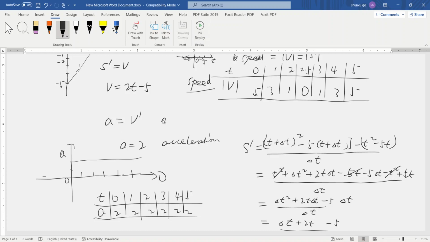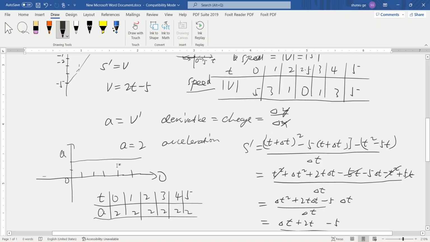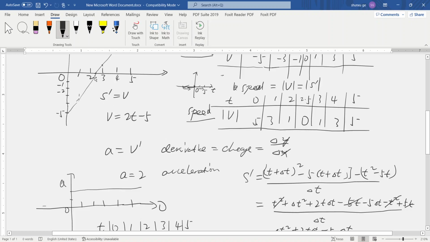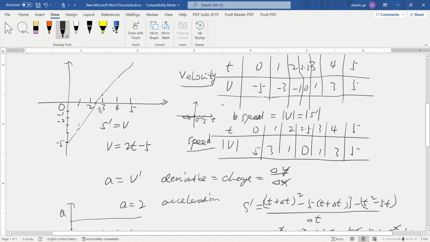The derivative is equal to the change, delta y divided by delta x. It just means change. But what changes for the tangent? This tangent doesn't change.